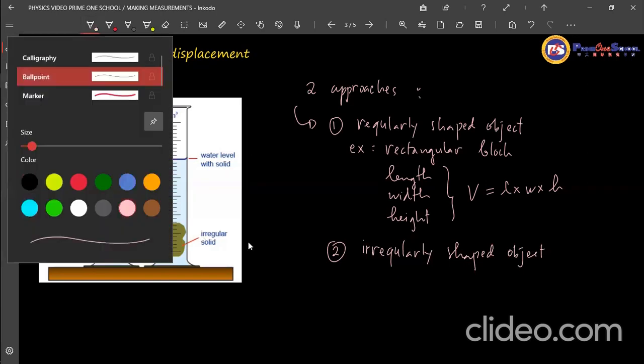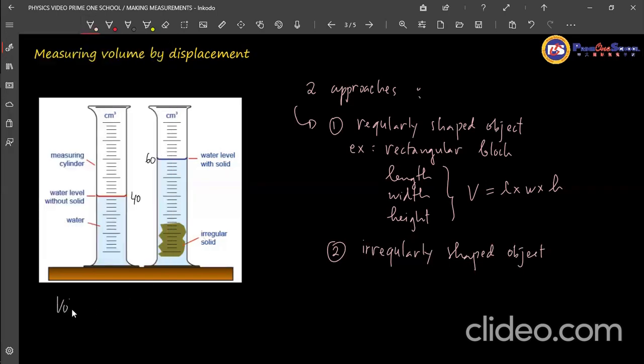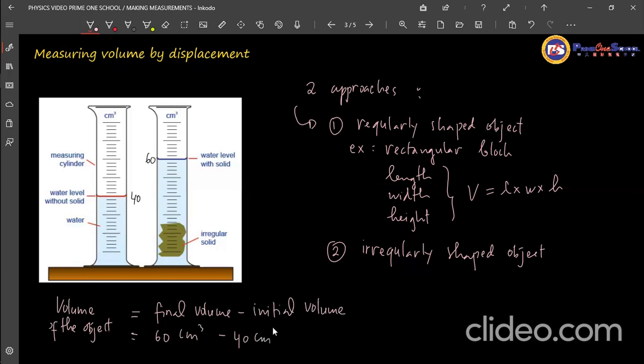So the volume of the object equals final volume minus initial volume. So 60, and don't forget to remember the unit, 60 centimeter cube minus 40 centimeter cube. Make sure that the units are the same. So it becomes 20 centimeter cube.